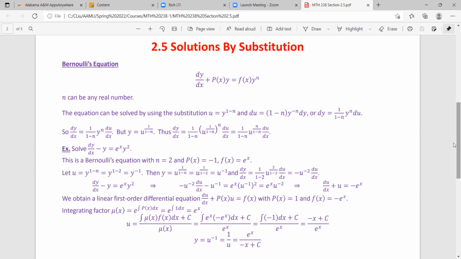So the integrating factor mu is just e to the integral of p, but p is just 1, so you get e to the x if you integrate it. So the integrating factor is just e to the x.